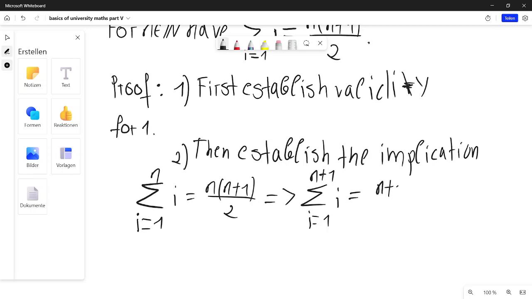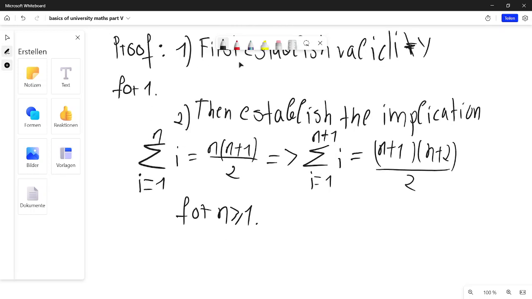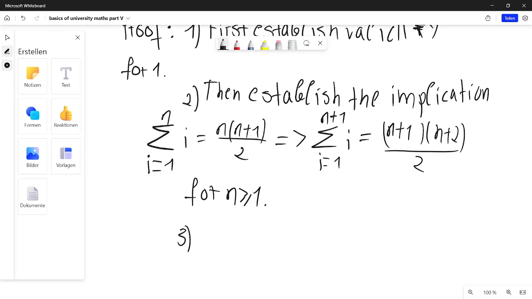And what would be that? That would be just 2, right? Just apply the formula to n plus 1. Maybe it's a little bit too fast, so think about it, what it means to apply this formula to n plus 1. Then in the general statement of the formula, this formula is claimed for any natural number, in particular n plus 1. Right? For n bigger or equal 0, n bigger or equal 1, because for 0 we have already established, right? Then applying induction.